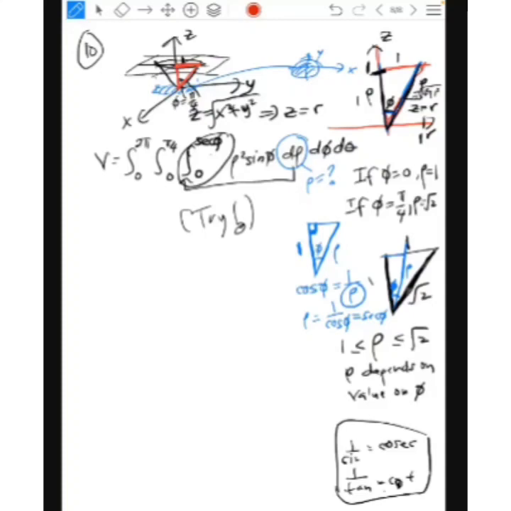Okay, so how to get the function of rho? We have phi there, we have 1 there, we use the formula we have, in which cos equals adjacent over hypotenuse, which is 1 over rho. So rho will be 1 over cos, or secant. Okay, that's it.